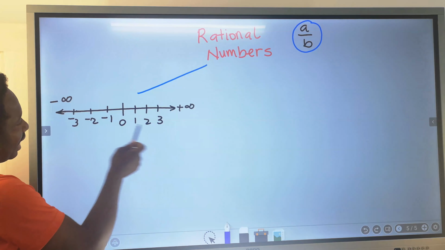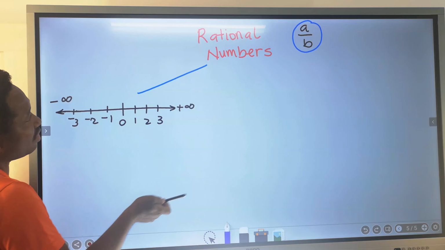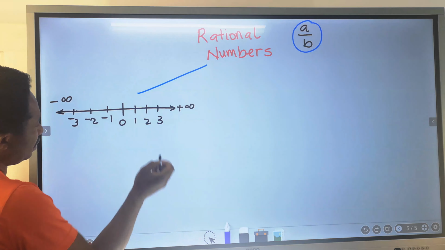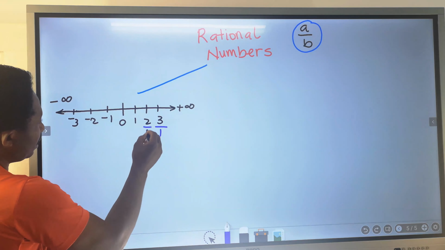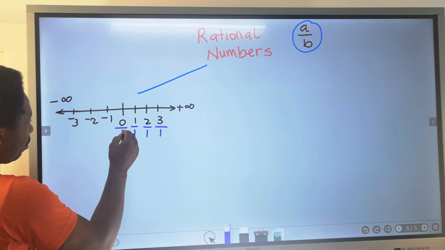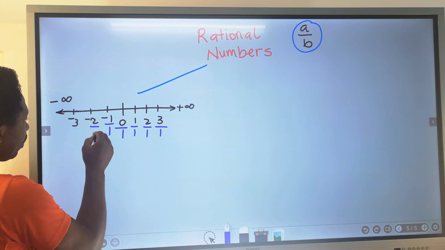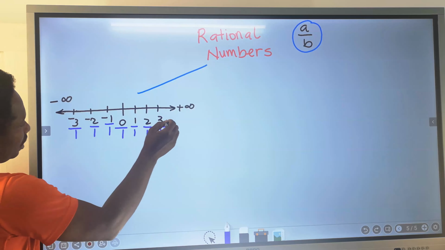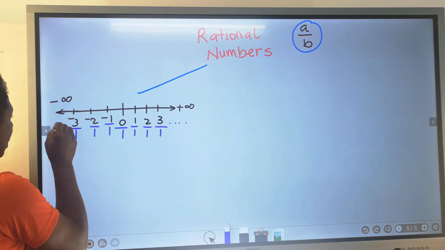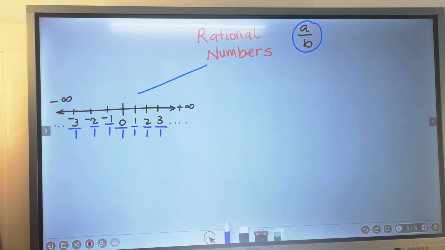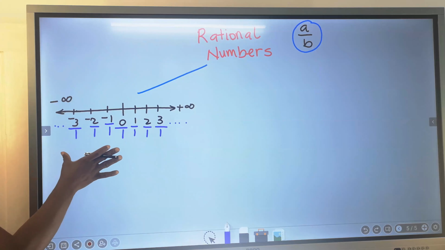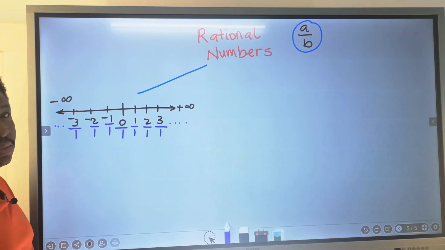Everything on the number line can be represented in the form of A over B, because everything here is over 1, and it will return the same value. It continues like this and also like this. This is one definition of rational numbers.